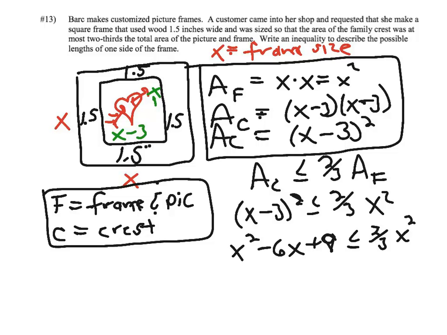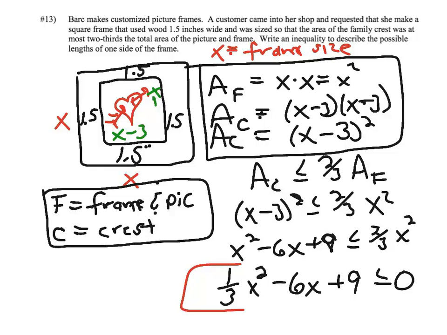And if you get all the terms on the same side by subtracting 2/3 x squared from both sides, you get 1/3 x squared minus 6x plus 9 is less than or equal to 0. Question. Write an inequality to describe the possible lengths of one side of the frame. And this is our answer.